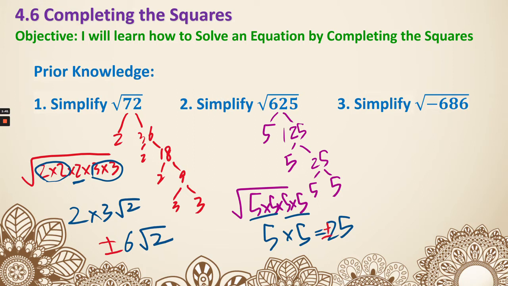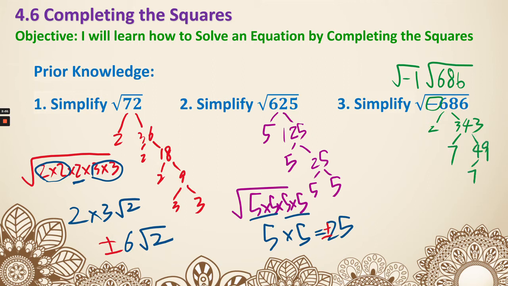Next, square root of negative 686. Before we do anything else, we see a negative sign. That's going to be square root of negative 1 times square root of 686. I'm going to do a factor tree on 686. That's 2, then 343, then 7, and then 49, then 7, and another 7. So it's going to be square root of 2 times 7 times 7 times 7.